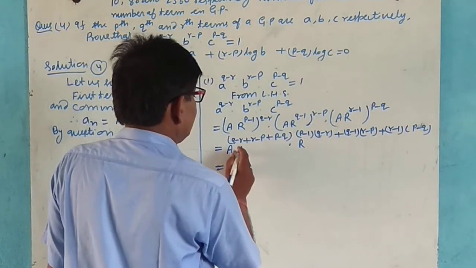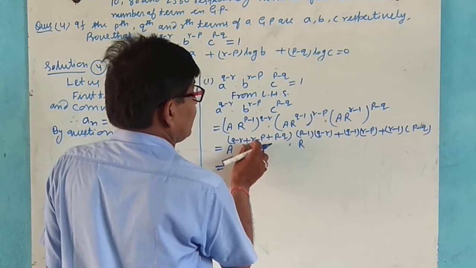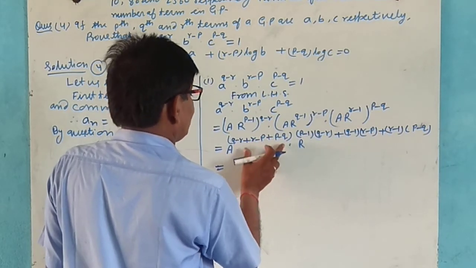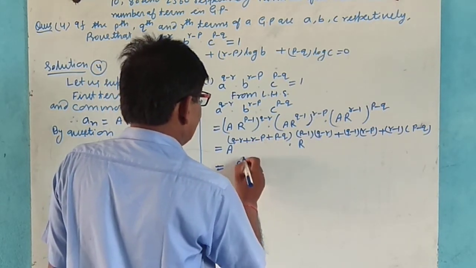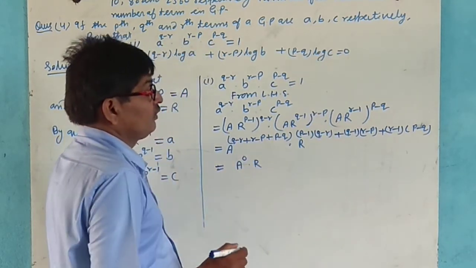Now q and q cancel, r cancels, p cancels, so A to the power 0 into R to the power.